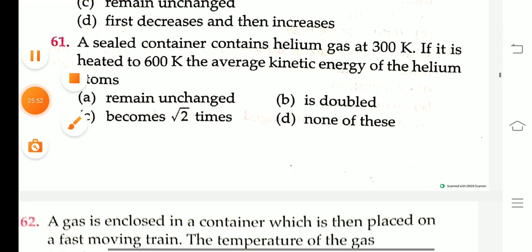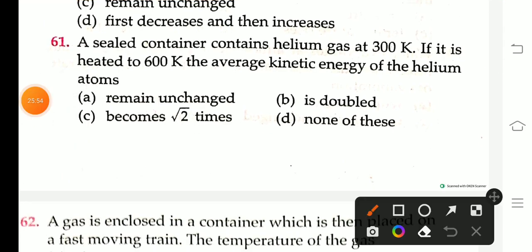Next, a sealed container contains helium gas at 300 Kelvin. If it is heated to 600 Kelvin, the average kinetic energy of the helium atoms, right answer will be option B, is doubled.